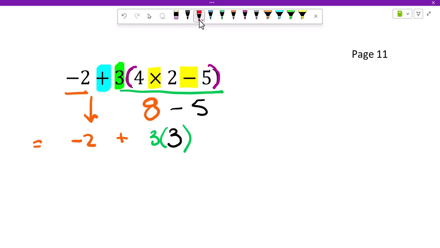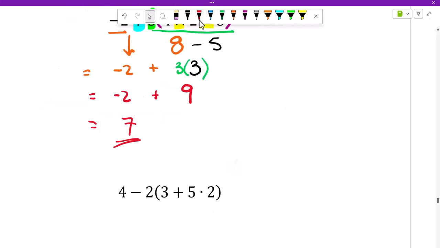I'll talk about it next year with you, if you have me, because I teach half the grade 9s. This is a very common mistake. Most students will do the brackets first, then they'll go minus 2 plus 3 and do that calculation. So you have minus 2 plus 9, we get 7. That's done.